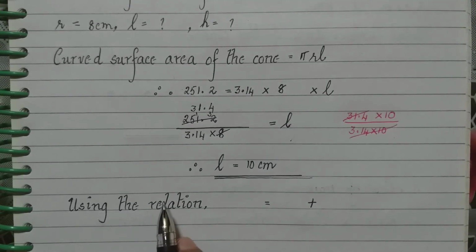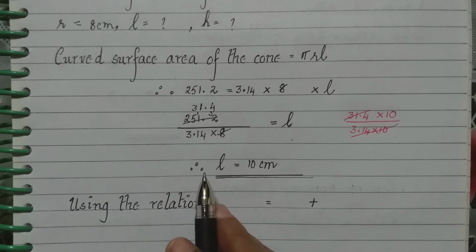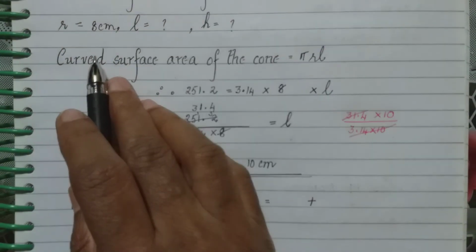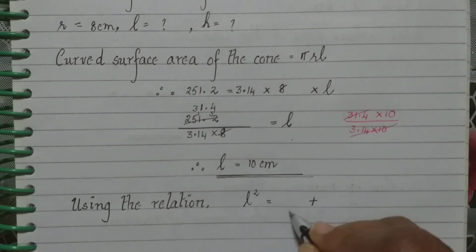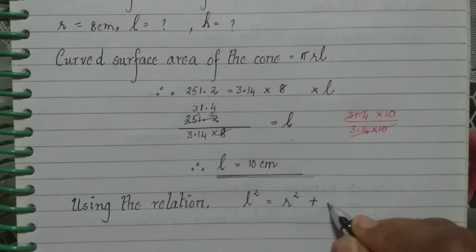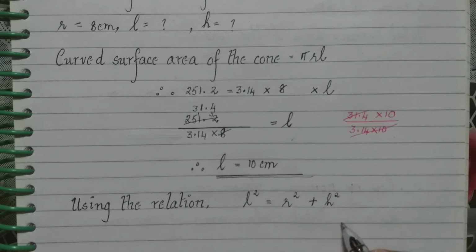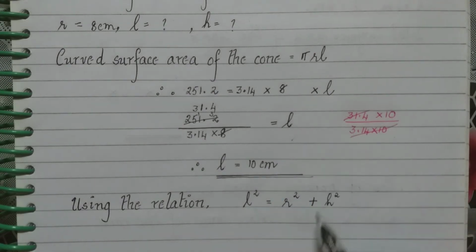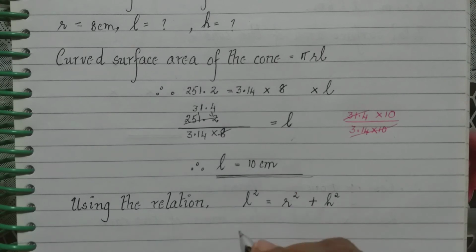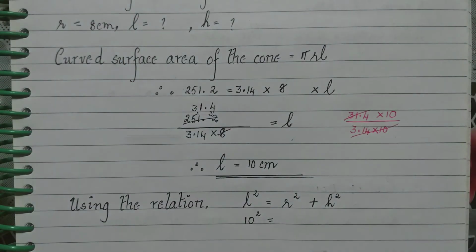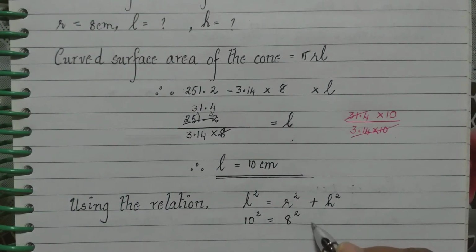Now we have to use the relation. Which relation? Between L, R and H. That is L square equal to R square plus H square. Why are we using this relation? Because we have to find both slant height and perpendicular height. Now slant height is found out. We will find perpendicular height putting these values. L is 10. So here this becomes 10 square equal to R is 8. So we put here 8 square plus H square.